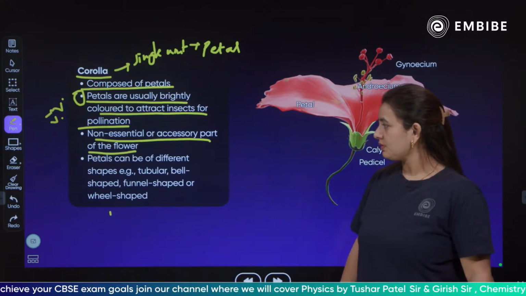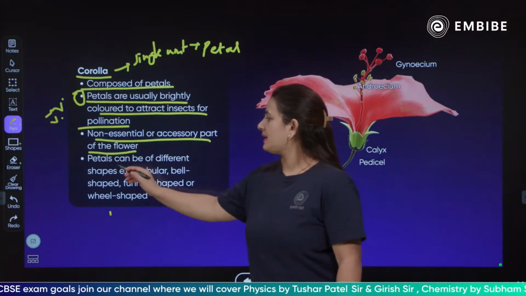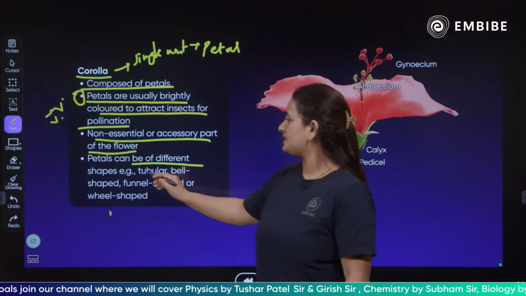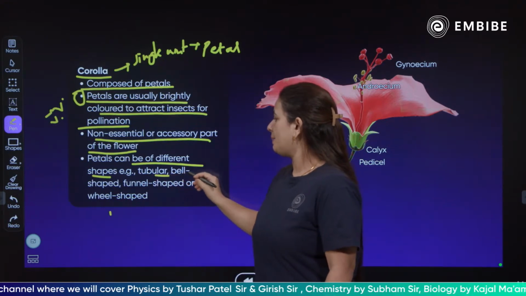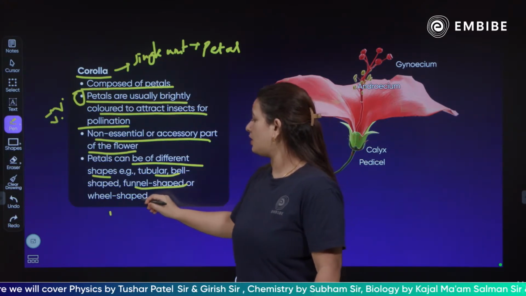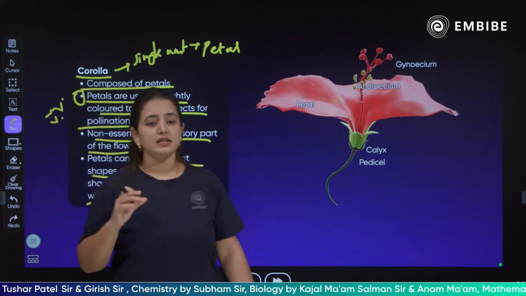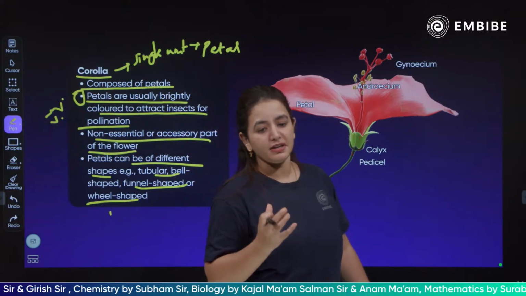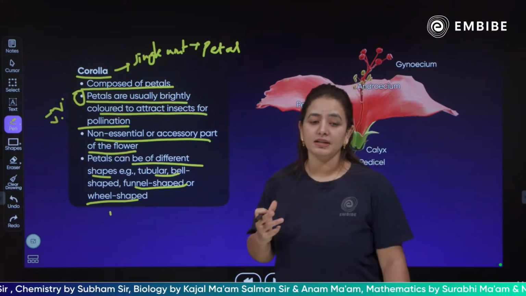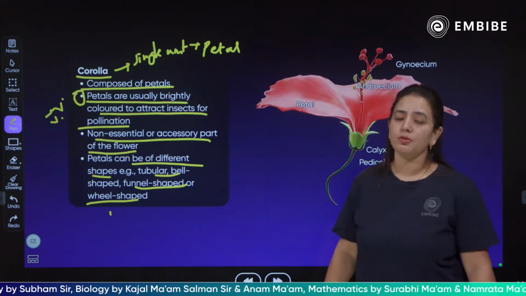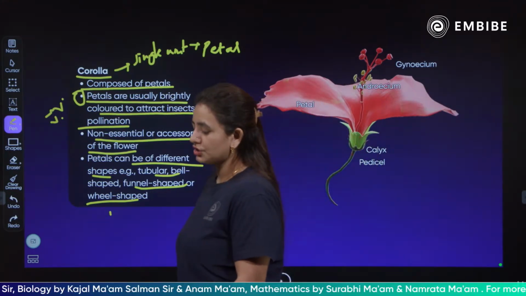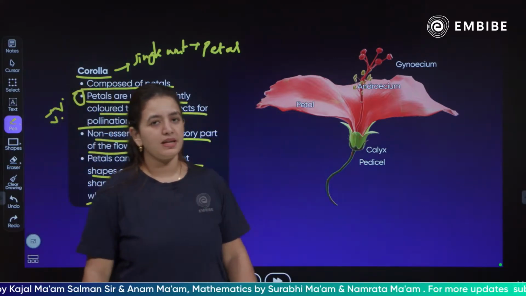Clear? So children, the petals can be of different shapes and sizes: tubular, bell shaped, funnel shaped or wheel shaped. They exist in different shapes and sizes.